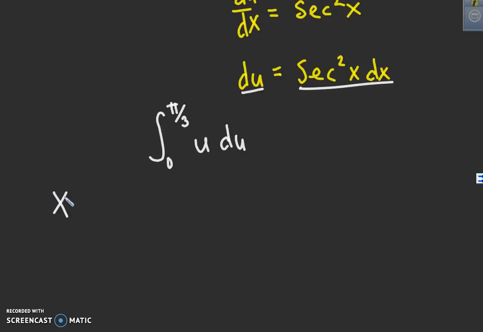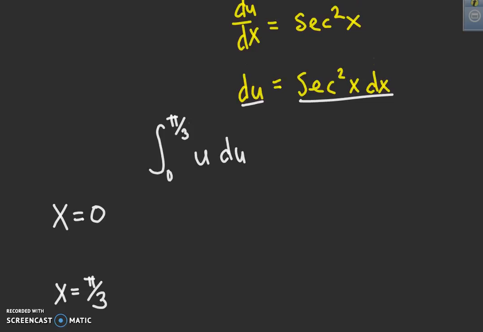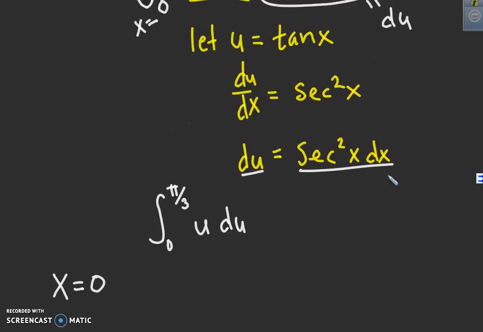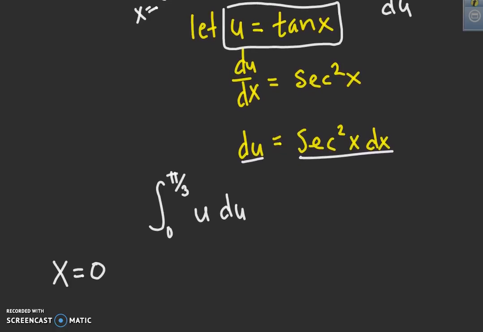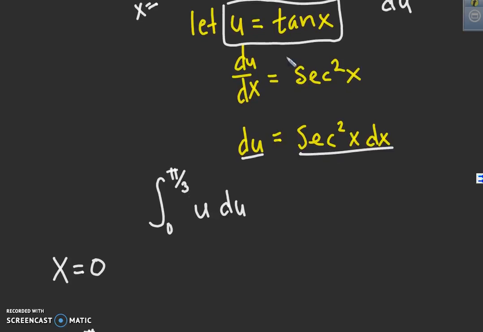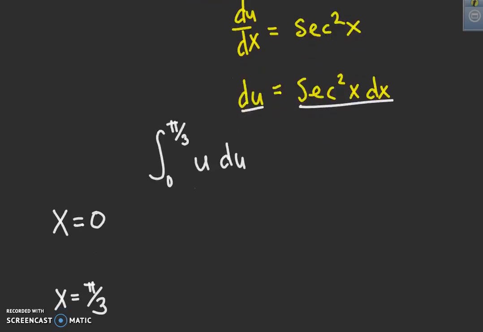To do that, we need to take our lower limit and our upper limit, and we are going to use u equals tangent of x to change these limits that are x values into u values.